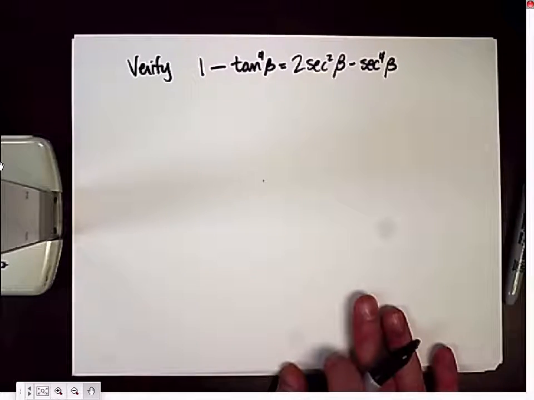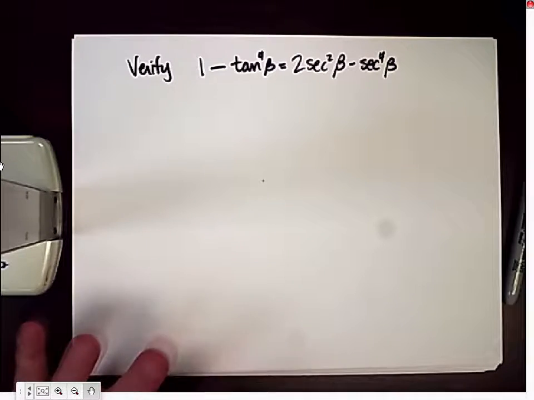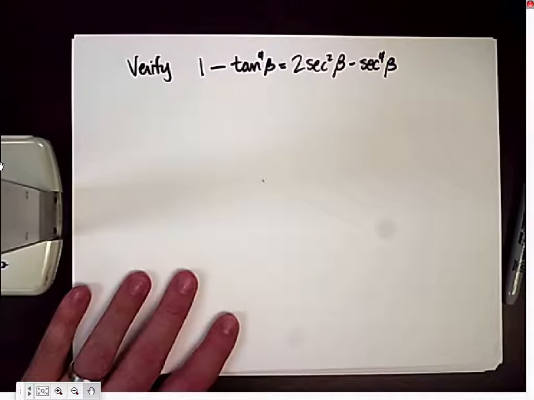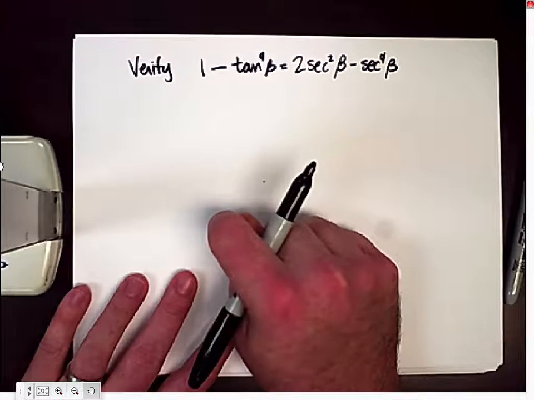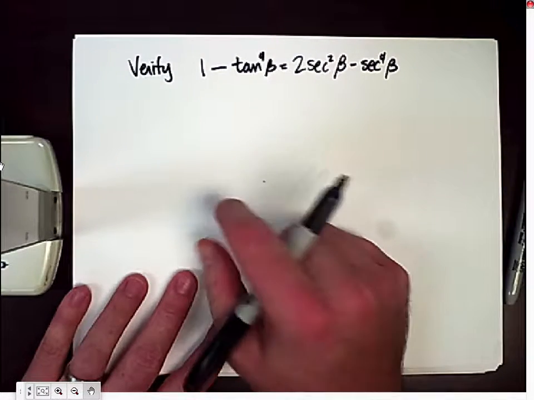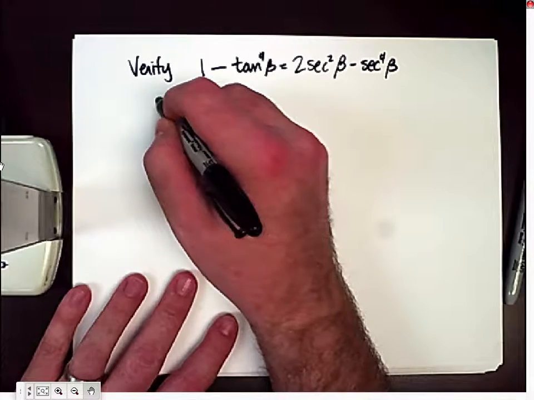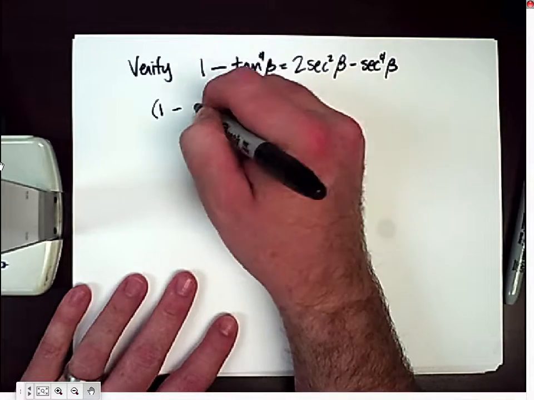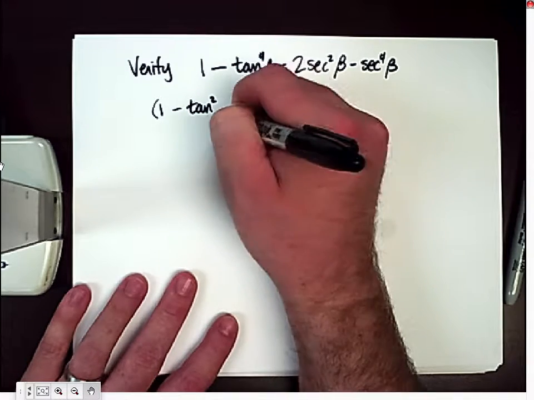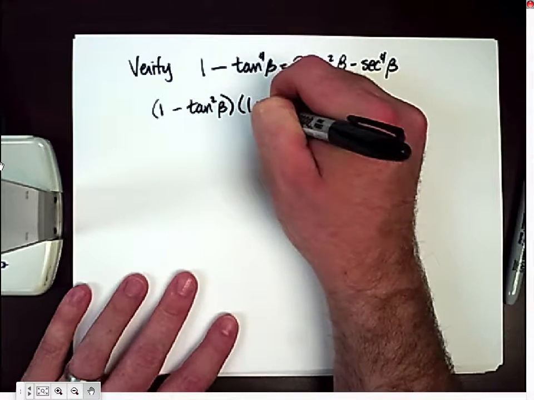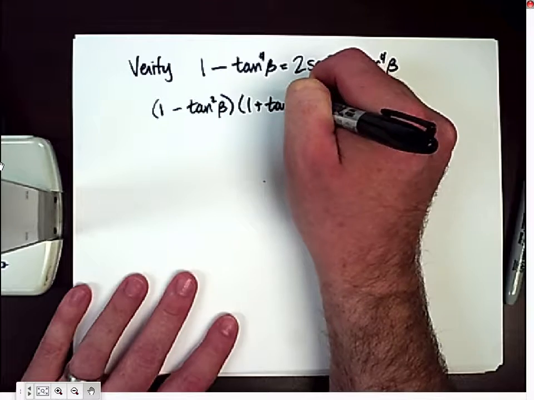All right. Okay, so we can only work on the left side. Well, that's the difference of two squares, right? So that could be 1 minus tangent squared beta, 1 plus tangent squared beta.